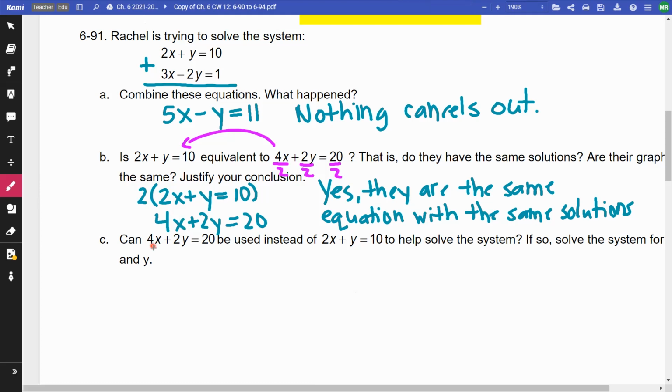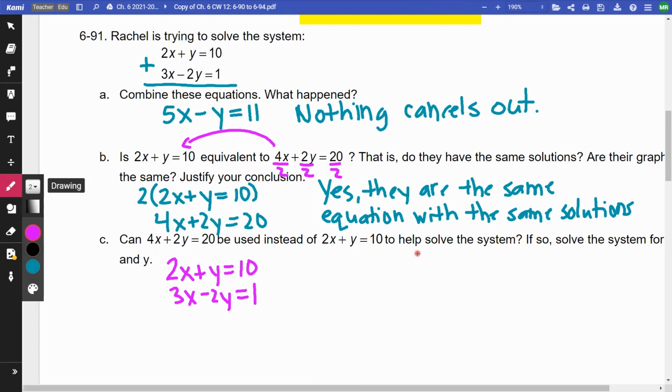Now it says, can 4x plus 2y equal 20 be used instead of 2x plus y equal 10 to help us solve the system? So if we are looking at our original system, which was 2x plus y equal 10 and 3x minus 2y equal 1, what they are trying to get us to understand is if, when you add them, nothing cancels out, you can multiply one equation by something because that equation is still equivalent.